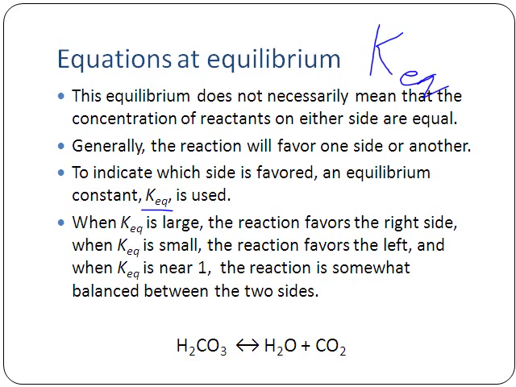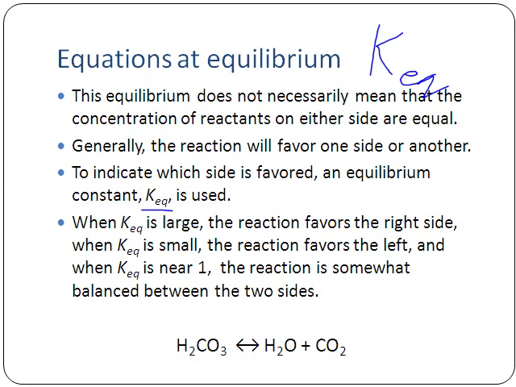An equilibrium constant is going to be just that, a constant for any particular reaction at any given temperature. You could change Keq if you change the reactants or the products, and you could change Keq if you change the temperature. Other than that, Keq is, for all intents and purposes, for an ideal gas, going to stay the same. Now, here's what Keq tells you.